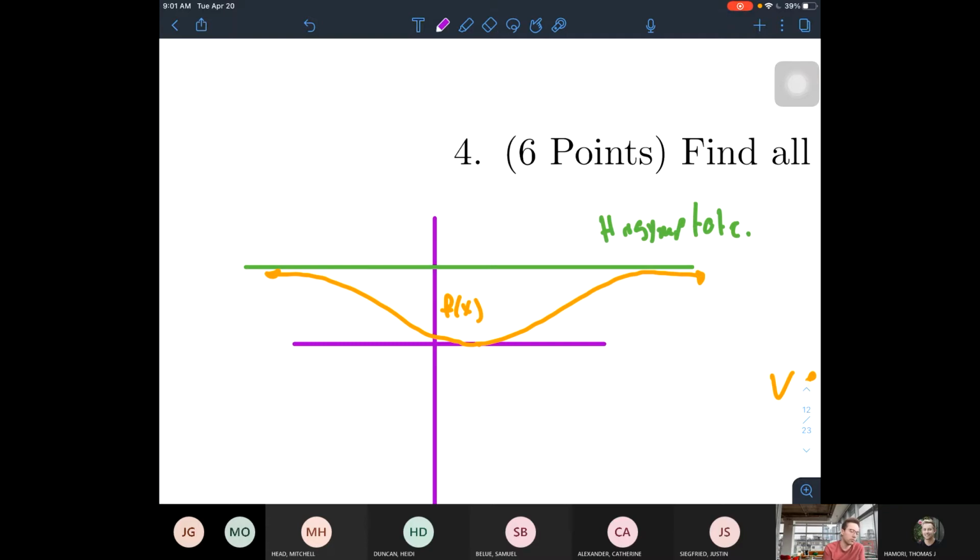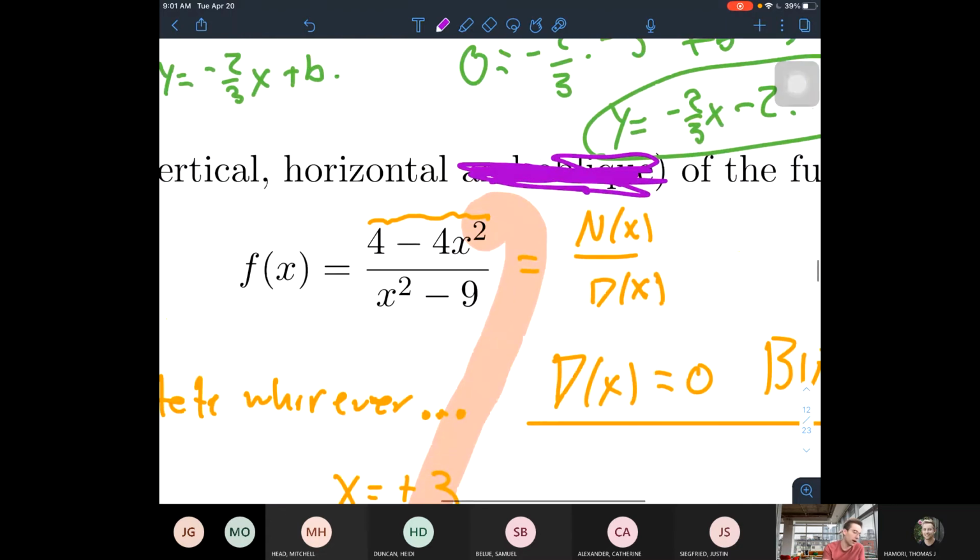When x is extremely large in absolute value, 4x squared will be way bigger than just the number 4. So when x is extremely large, the only term that matters is going to be this one, because 4 minus 4 billion is just really close to negative 4 billion.